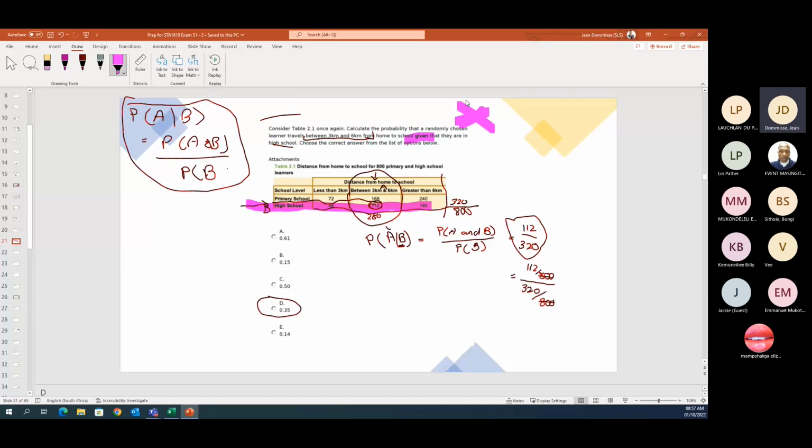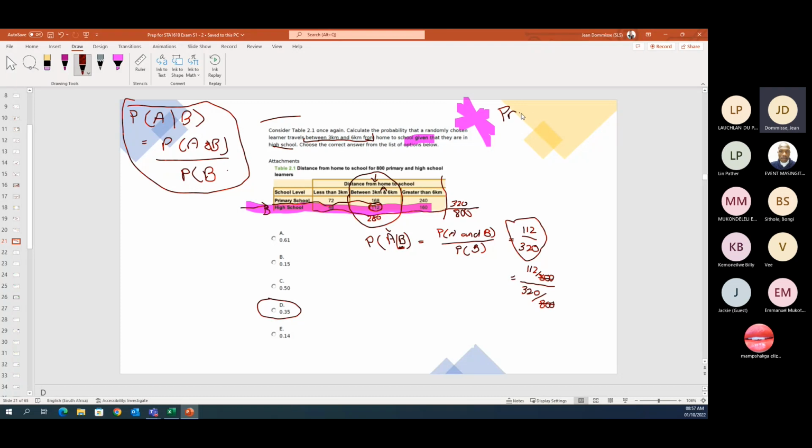Let me check in one of the previous exams for a probability table, where instead of the raw numbers they give you the probability. So just a marker for myself to add that to the next session.